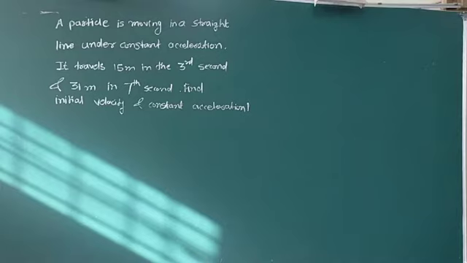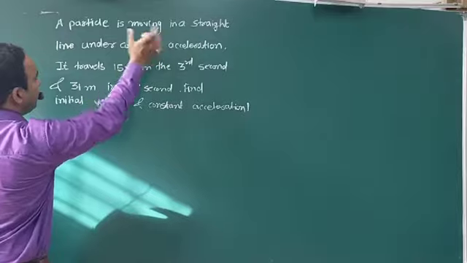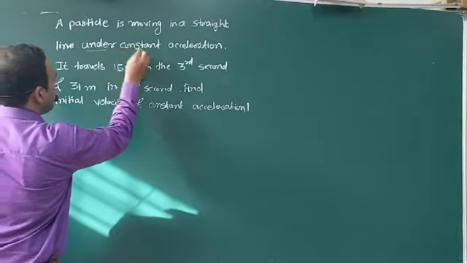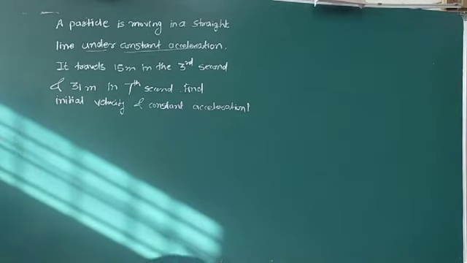On the basis of these kinematic equations, we will solve one example. A particle is moving in a straight line under a constant acceleration. Constant means uniform acceleration.